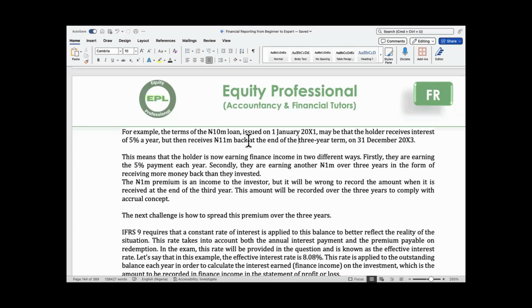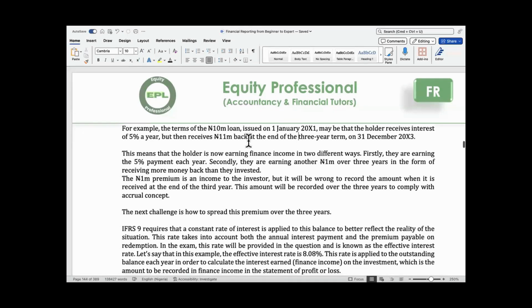Then how do you do that? How do you recognize it? How do you spread this 1 million over the 3 years? That's the major challenge. You see, IFRS 9 requires that extra 1 million, you would convert it to a rate.